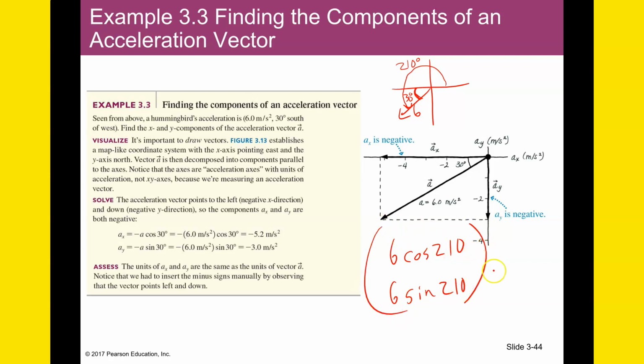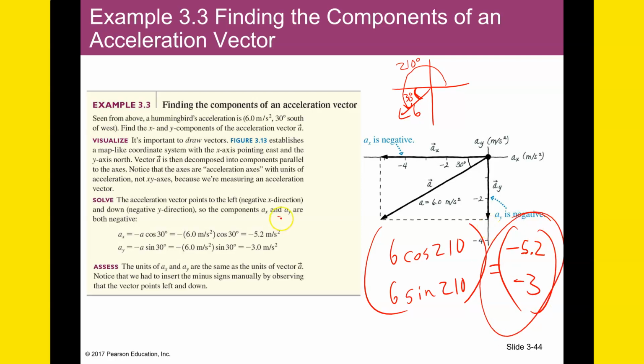I could leave it like that, or I could do it in my calculator and get it as a decimal. 6 cosine 210 is negative 5.2, basically. So that's my horizontal component. And do the same thing, but do sine. And my vertical component is negative 3.